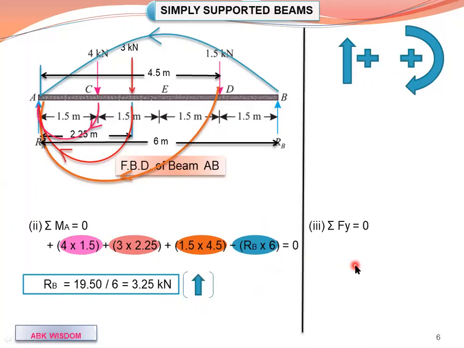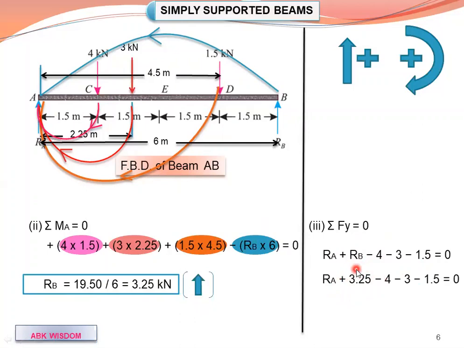Now considering the equation of equilibrium, sigma Fy is equal to 0, considering all the vertical forces, RA and RB are vertically upward, which is positive, and 4, 3 and 1.5 kilonewton are acting downward, hence minus 4, minus 3 and minus 1.5.